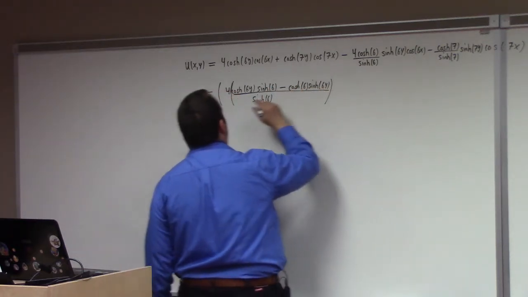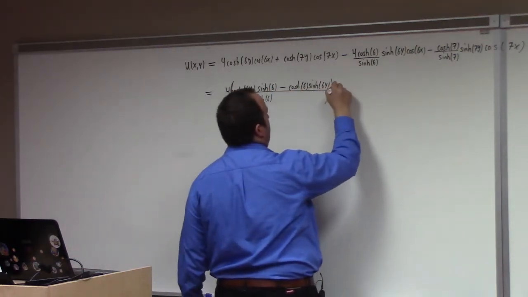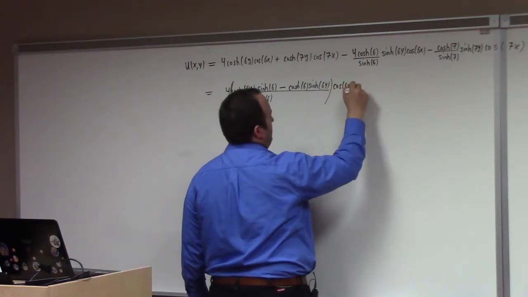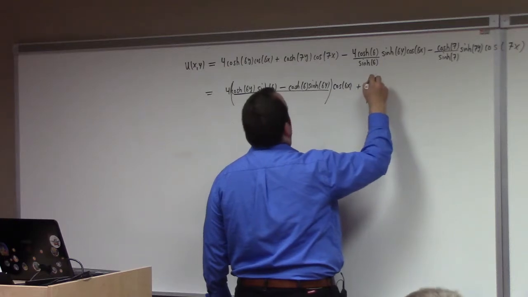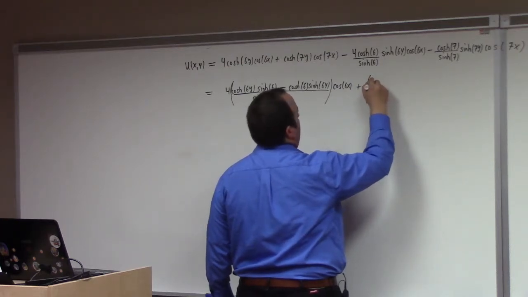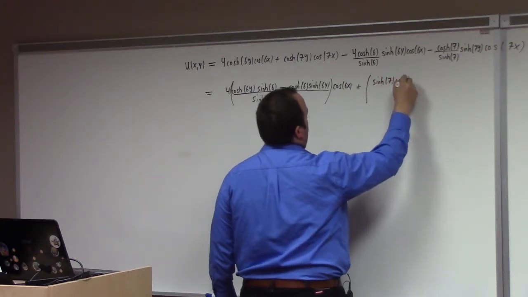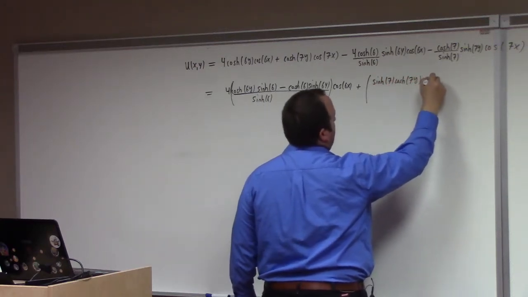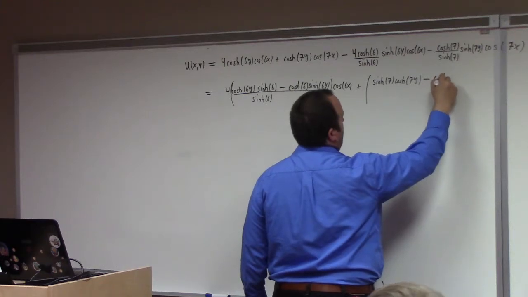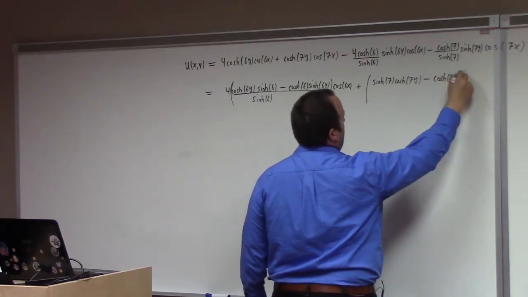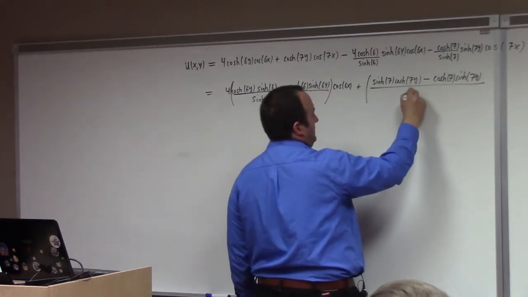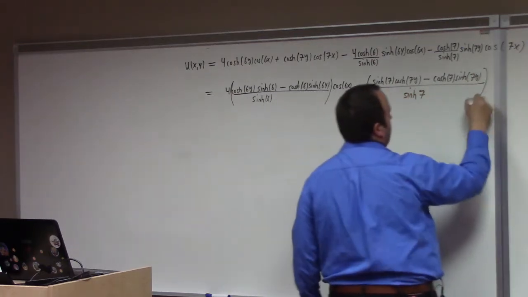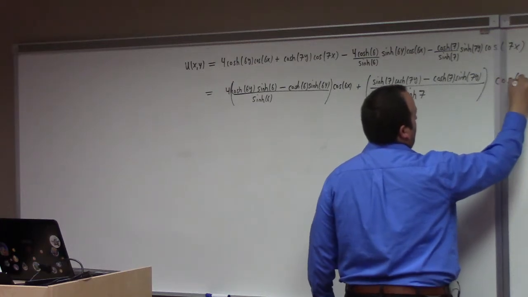Of course, all of that is times the cosine of 6x, and then plus parentheses. The other one is, let's see here, sinh 7 cosh 7y minus cosh 7 sinh 7y, all divided by sinh 7, cosine 7x.